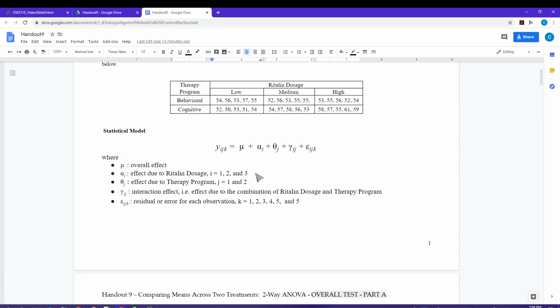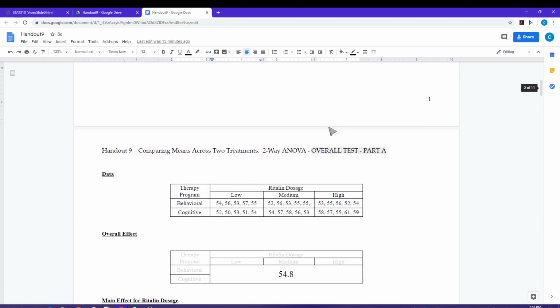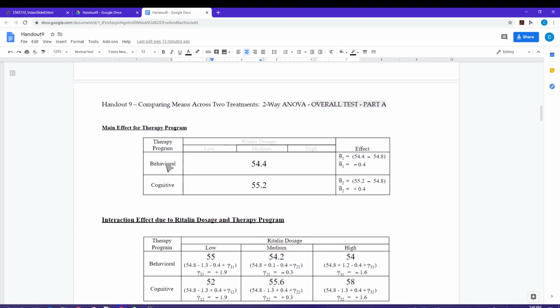What about the thetas here? Well, that's the effect of the therapy program. So here what I need to do is average this direction. That's what we would call the main effect due to behavioral. And then the main effect due to cognitive would be averaging those there. So let's go ahead and look at the main effect for therapy program. Again, I need to average across all the dosage levels here.